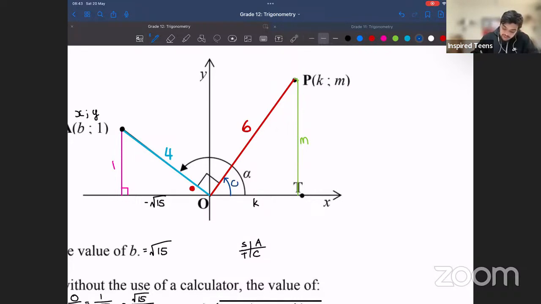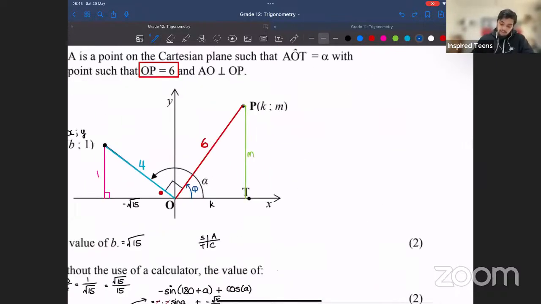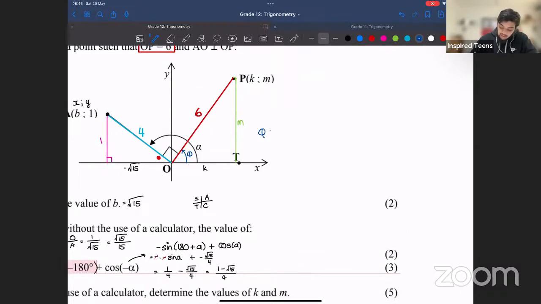Let's call this theta. Alpha is 90 degrees more than theta because there's a 90 degree that separates it. So theta plus 90 would give me alpha, and that's exactly how we're going to solve it. Theta is equal to alpha minus 90.